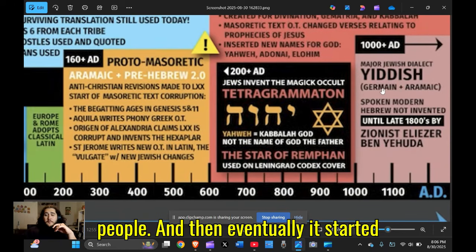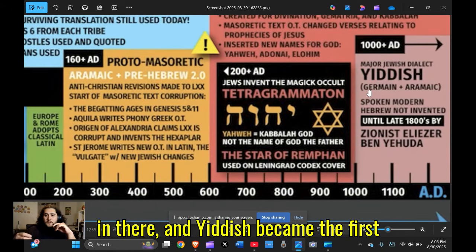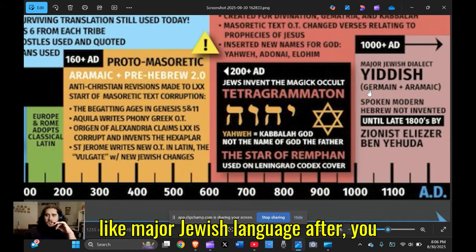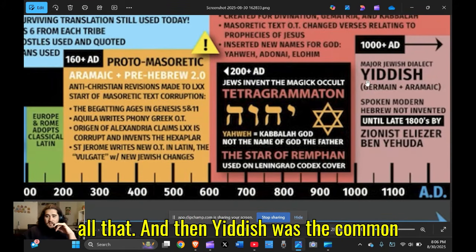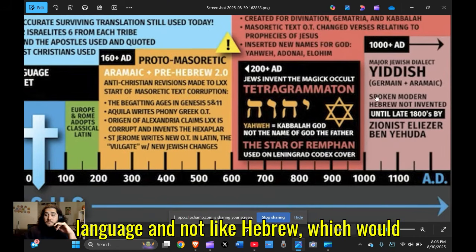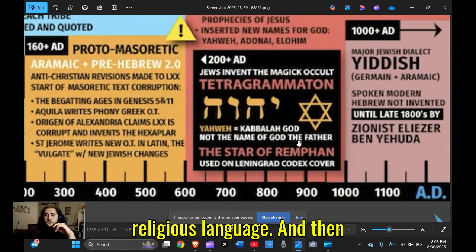And then eventually it started mixing with the Germans when they moved in there, and Yiddish became the first major Jewish language after Aramaic was the common language, and then Yiddish was the common language and not Hebrew, which would stay as a religious language.